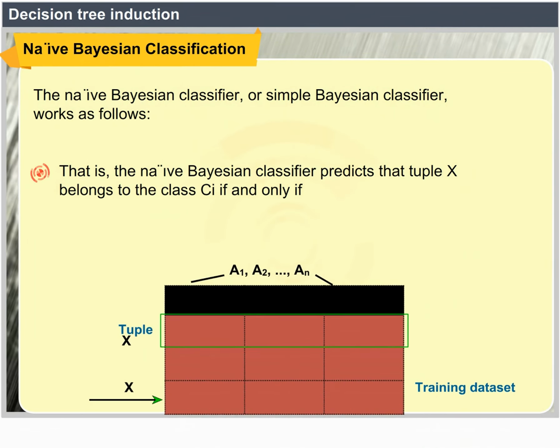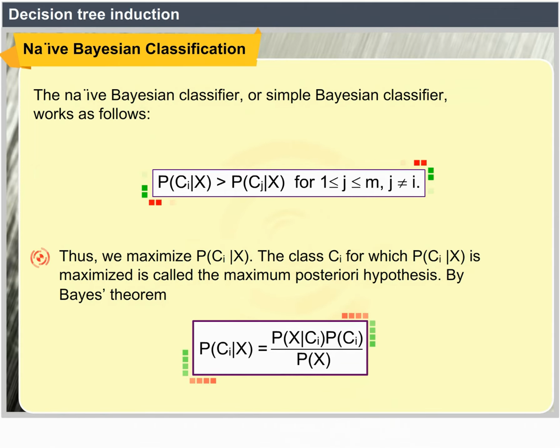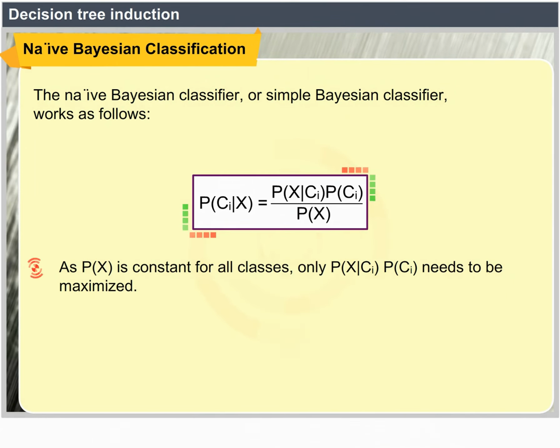The class Ci for which P(Ci|X) is maximized is called the maximum posteriori hypothesis. By Bayes' theorem, P(Ci|X) equals P(X|Ci) times P(Ci) divided by P(X). As P(X) is constant for all classes, only P(X|Ci) times P(Ci) needs to be maximized.